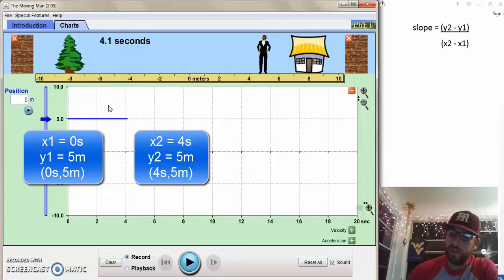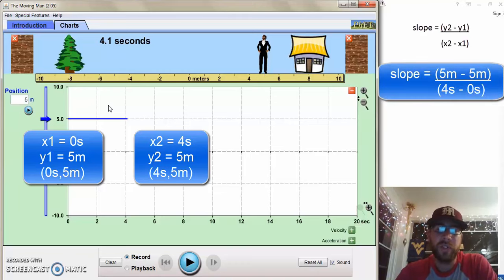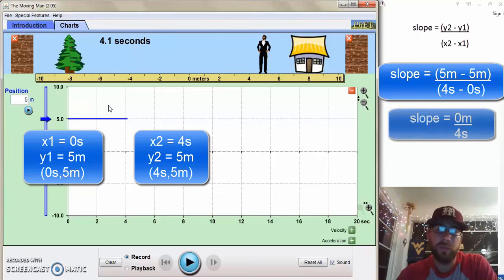What we end up with is 5 meters minus 5 meters over 4 seconds minus 0 seconds. In other words, 0 over 4. If we did the math, you would find that the slope is 0.